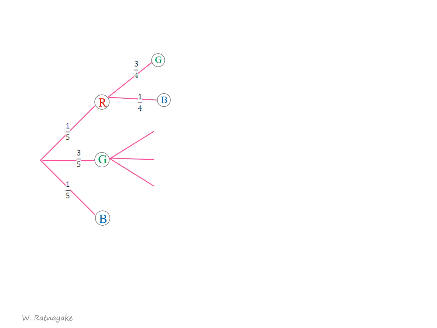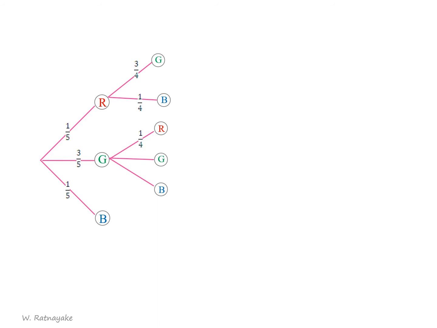Therefore there are 3 possible outcomes for the second stage. Those are R, G and B. The probability of getting R is 1/4. Probability of getting G or a green cube is 2/4 and B is 1/4.